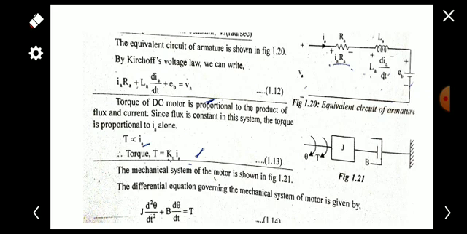Next, we are considering the motor as a mechanical rotational system. For a rotational system, we know that the mechanical rotation system can be represented by three elements, that is the mass, the dashpot and the spring. The mass is represented by its moment of inertia, the dashpot is the representation for the friction, and the spring is the representation for the elastic deformation.